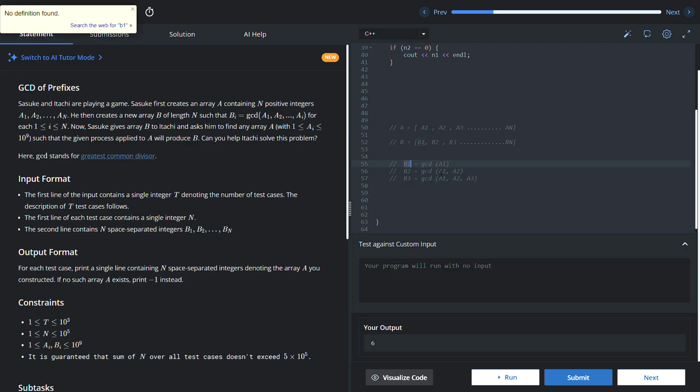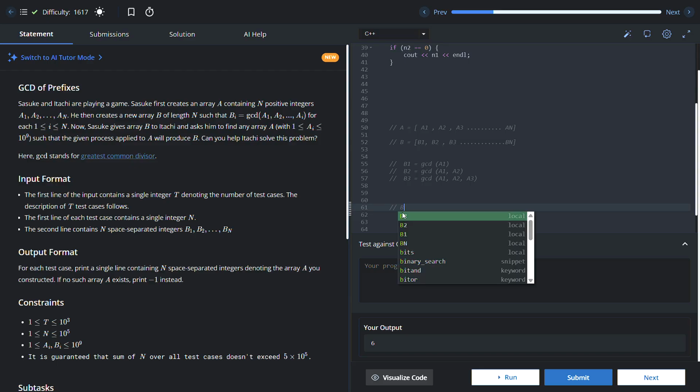So if b2 can divide a1 and a2, it can also divide a1, because if b2 divides a1, then b2 can also divide b1. This is the key observation.